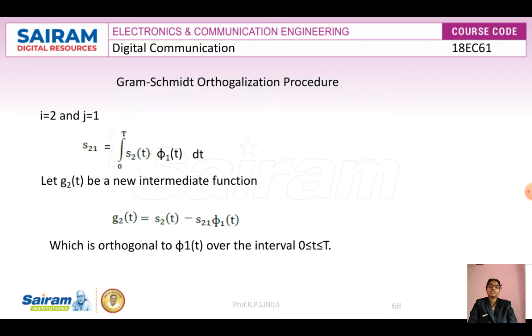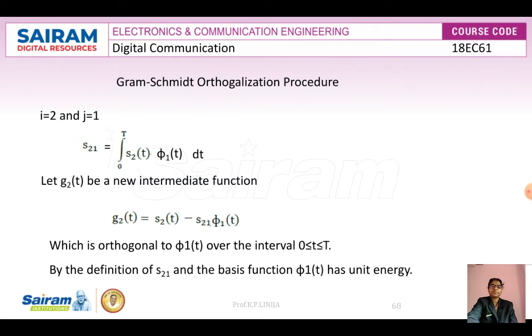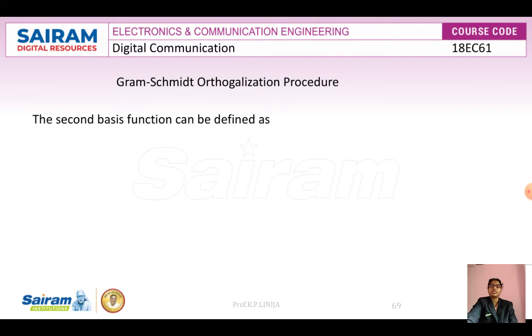This g2 of t is orthogonal to phi 1 of t over the interval 0 to T, by the definition of S21 which we have derived here, and the basis function phi 1 of t has unit energy. The same way we proved that phi 1 of t has unit energy, we are going to define the second basis function.